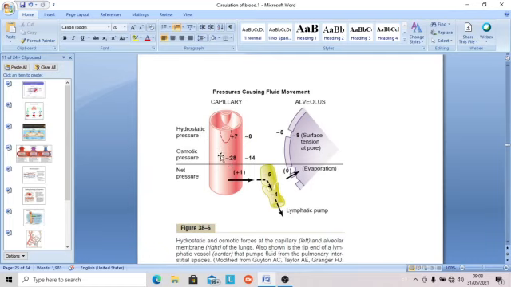That is, it tries to pull the fluid. Then the interstitial pressure is -8 in the pulmonary interstitial, and the osmotic pressure is -14 in the pulmonary interstitial. And surface tension is there. This is -8 in the alveolus. So whatever remains goes into the lymphatics.